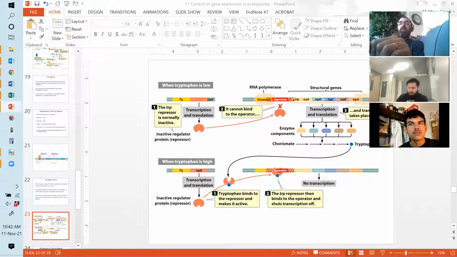Now, if you don't have tryptophan, which is not good, because that means you can't translate proteins, you want a whole load of trp operon expression, right? But now, when you get a lot of that, you're going to make tryptophan. And so tryptophan acts as the co-repressor for trpR.